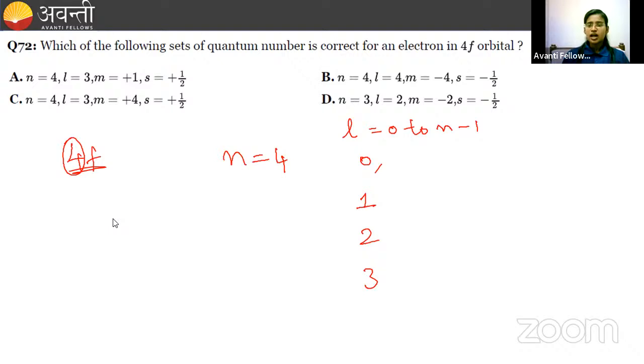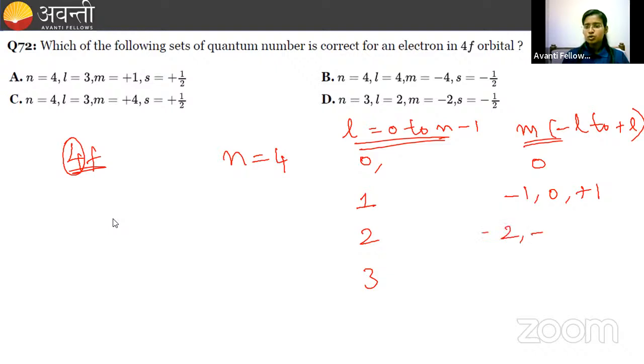So these are the values of L. And M can have values from minus L to plus L. For 0, minus 0 to plus 0. For 1, minus 1 to plus 1. For 2, minus 2 to plus 2. For 3, it is minus 3 to plus 3.